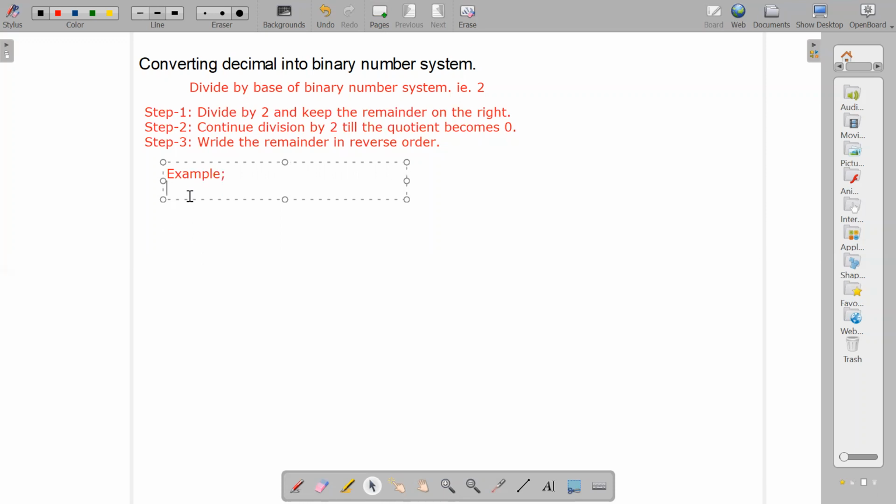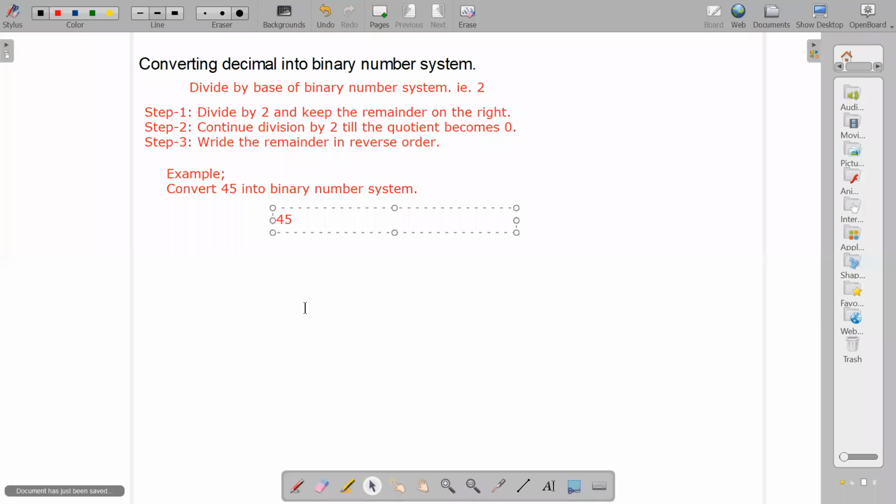Let's convert 45 into binary number system. First of all, what is given there? First step is divide by 2. Now let's write 45.